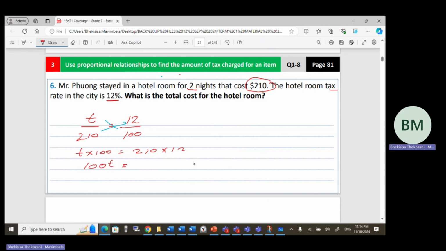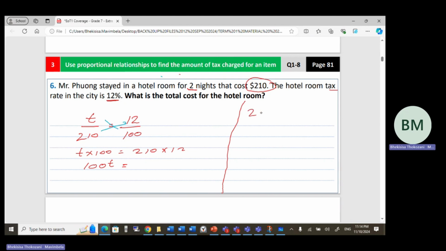We can try to expand once again. We have our little notes here, where we have 200 plus 10. So I'm multiplying everything by 12. Let's see, what is 2 times 12? It will give us 24, right?